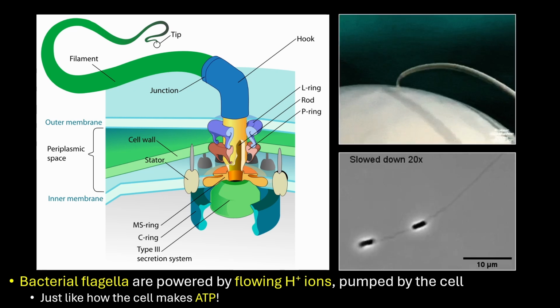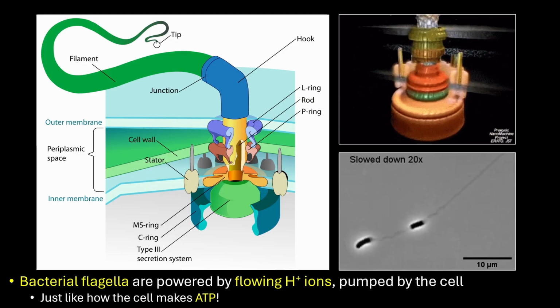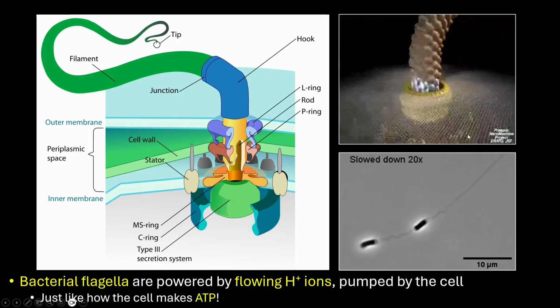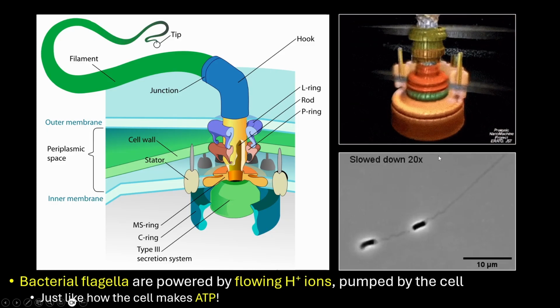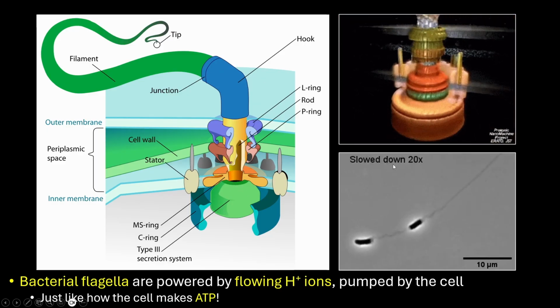But the really interesting thing is this is also the same mechanism that bacterial flagella are powered by. It's the same basic concept. We have a rotating wheel that spins through the power of moving hydrogen ions. So these cells do double duty when they make ATP. They also can move ions that can actually turn their flagella, which is really interesting. It's sort of like a convergence on strategy there.